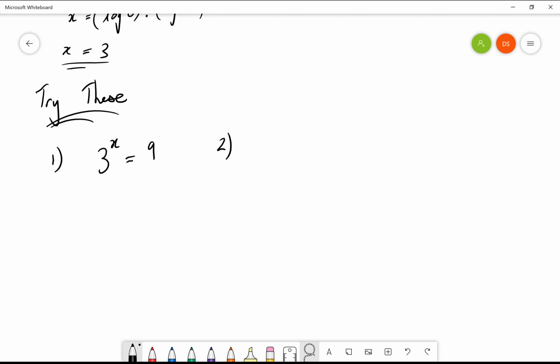Question 2. What is the power of 27 that gives you 3? And question 3. What is the power of 16 that gives you 2? Okay, these 3 questions, I'm going to leave them there for about 30 seconds, and then I'm going to let you have a go.